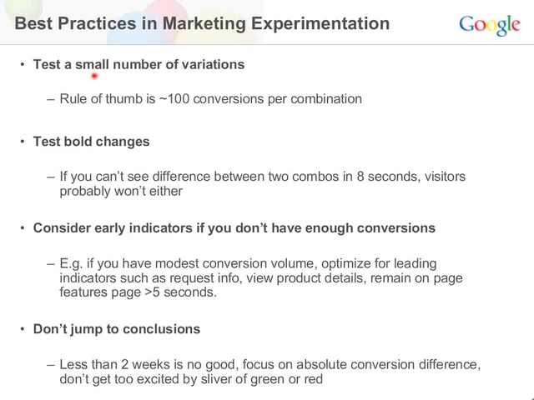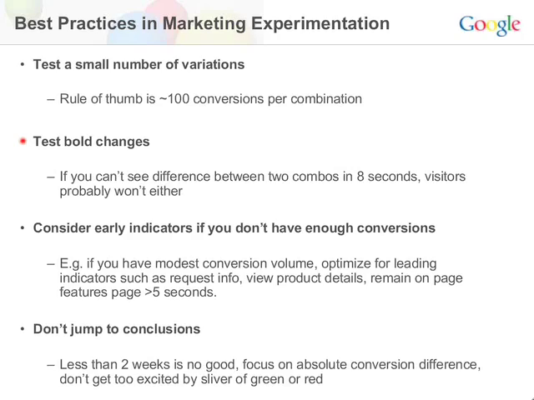Test bold changes. So one of the things that we like to recommend is if a colleague can't see a difference within a few seconds, there's a chance your visitors won't either. Now, that's a rule that has exceptions, but in general, especially if you're doing your first test and you want to kind of hit the ground running, make sure that the changes are pretty bold and pretty dramatic.